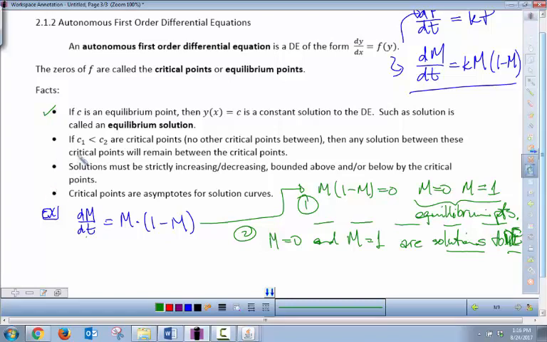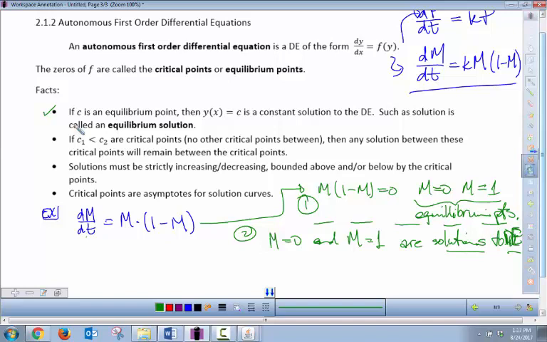So let's take a look at these other facts, and then we're going to use the slope fields to help us view these facts. It says if you have two critical points and no other critical points in between, then any solution between these two critical points will remain between these two critical points.